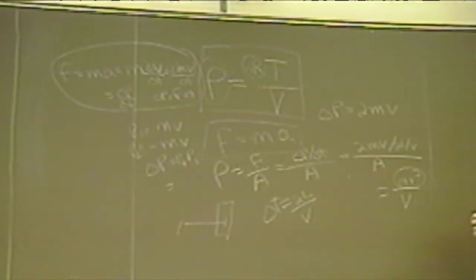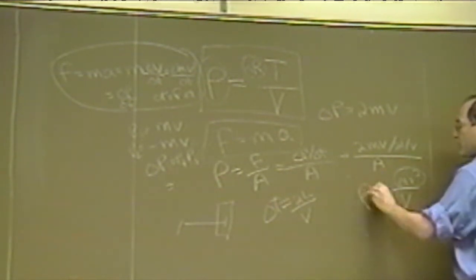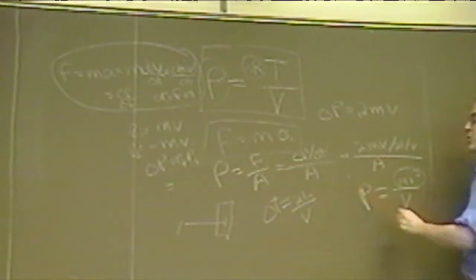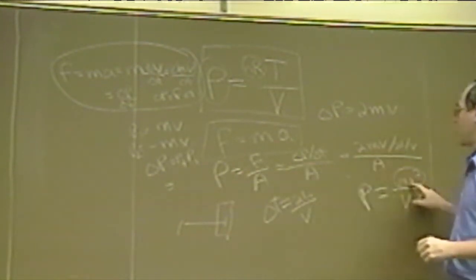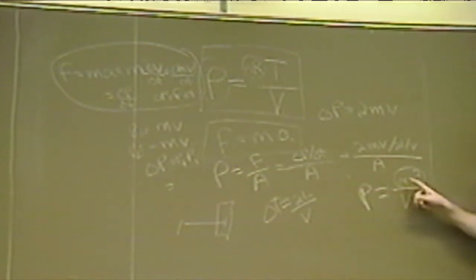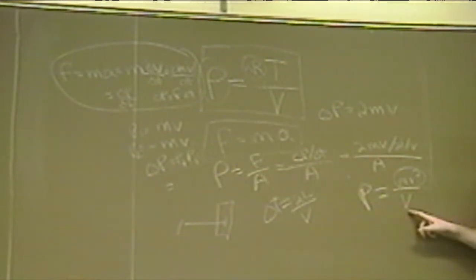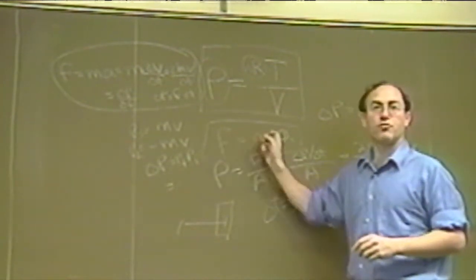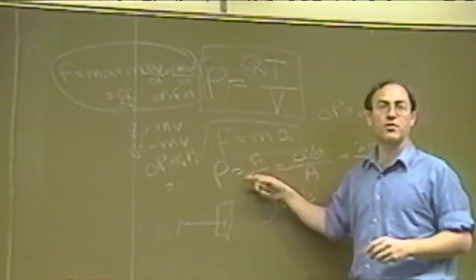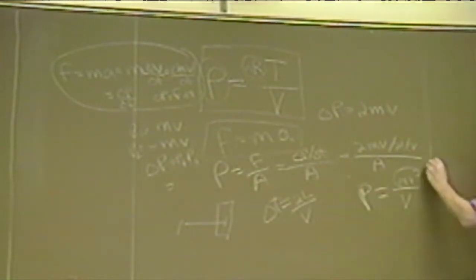Now this is obviously a very recognizable quantity. Now what did we find here? We have an equation, the pressure exerted by these molecules, with the force over the area, is delta P over delta t over A, etc. We found that the pressure is equal to mv squared over V. This was doing an analysis looking at each particle in a fundamental way, and in the end, we get this.